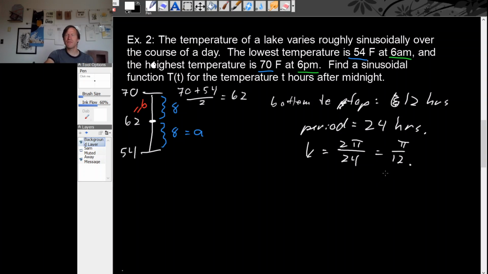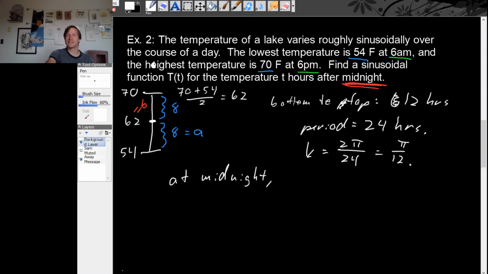Okay. And then finally, we need to choose which trig function we're going to use, sine or cosine. And if we need to flip it, we have to decide where in the cycle it starts. So we're measuring time starting at midnight. And so we need to figure out at midnight, what is the temperature?